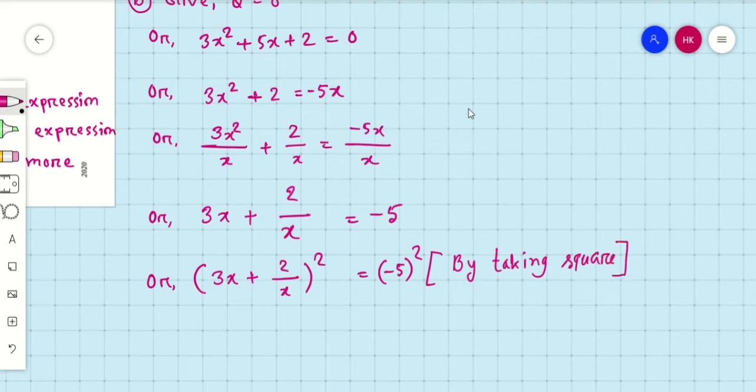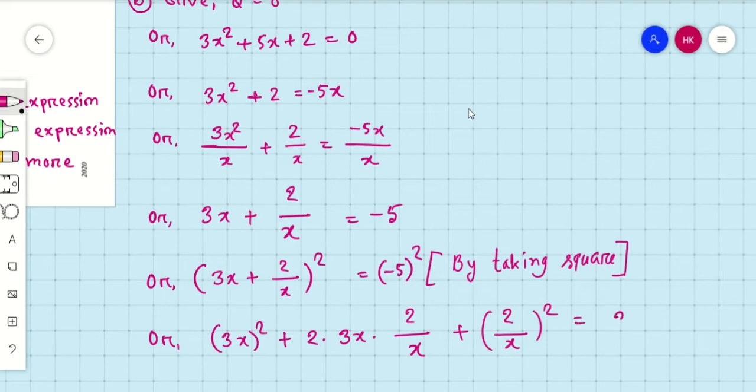Now if we apply the formula, just 3x whole square plus 2 into a into b, and then b whole square is equal to 25.